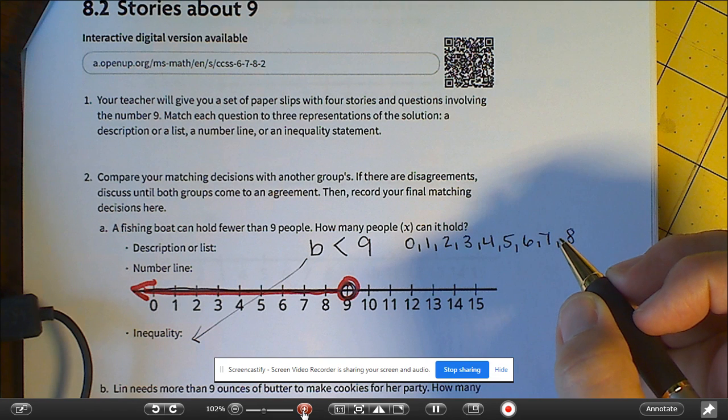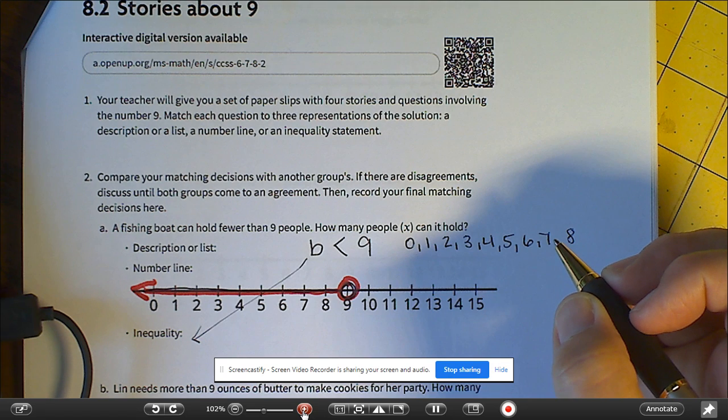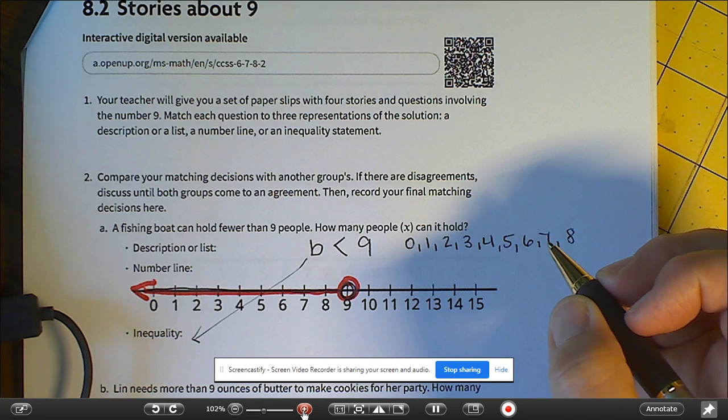Another description would be whole numbers that are at least 0 and are less than 9. Okay, let's move on to the next one.